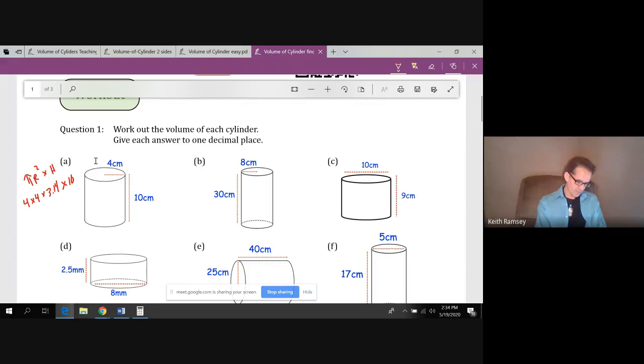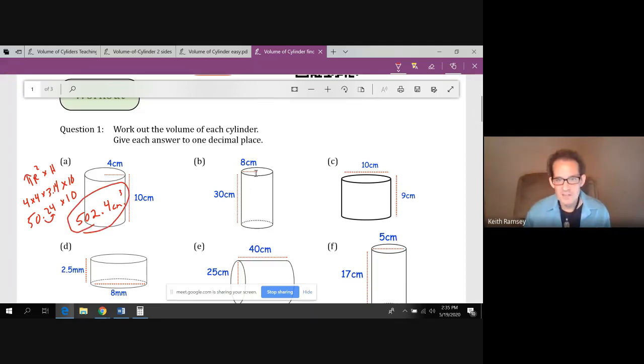So 4 times 4 is 16, times pi is going to be 50.24, and I'm multiplying by a power of 10. That means I'm just going to move the decimal point 1 step for every 0. So if there's 1 zero in 10, I move the decimal 1 space to the right. So this would be 502.4 cubic centimeters for A.